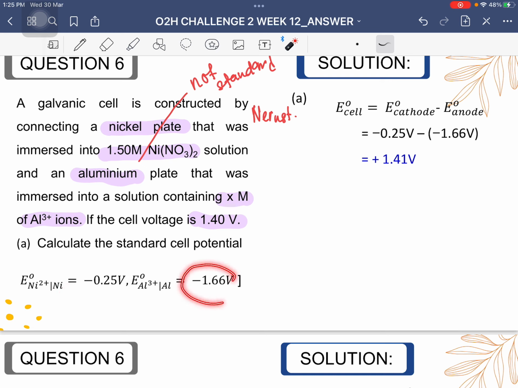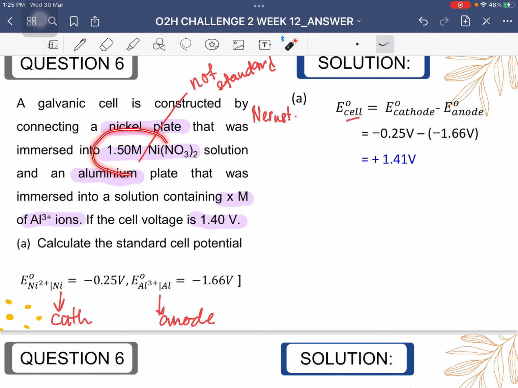Here the anode is aluminium, so nickel will be the cathode. Now if we apply it to find E naught cell, the standard cell potential is cathode 0.25 minus anode negative 1.66. So this is the voltmeter reading if we construct this cell in the standard condition.